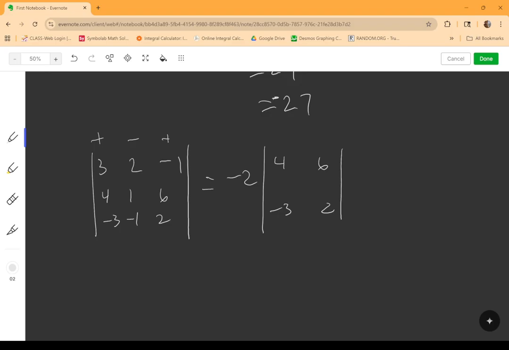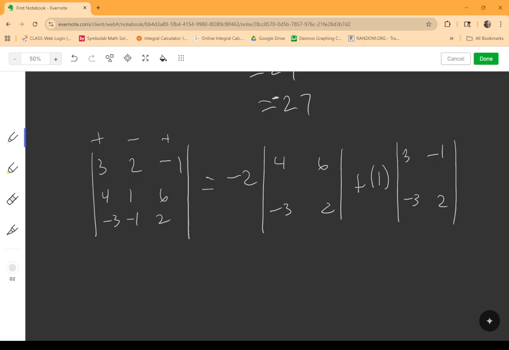All right, and then instead of moving across along the row, I'm moving along the column. So if I start off negative, the next one would be positive, in this case 1. Now my submatrix here will come from, again, I'm still in that second column, so crossing that one out. And now I'm in the second row, so I cross out the second row. So my submatrix becomes 3, -1, -3, 2.